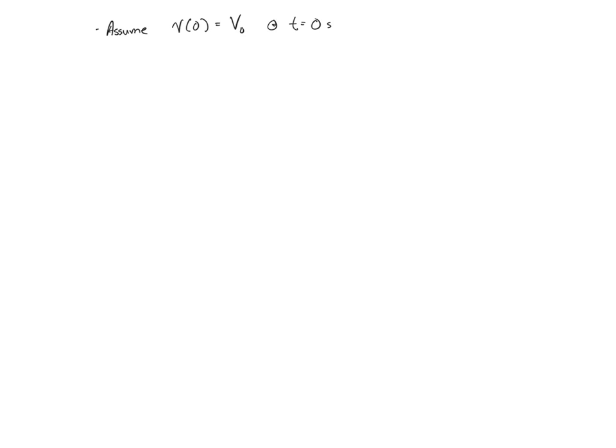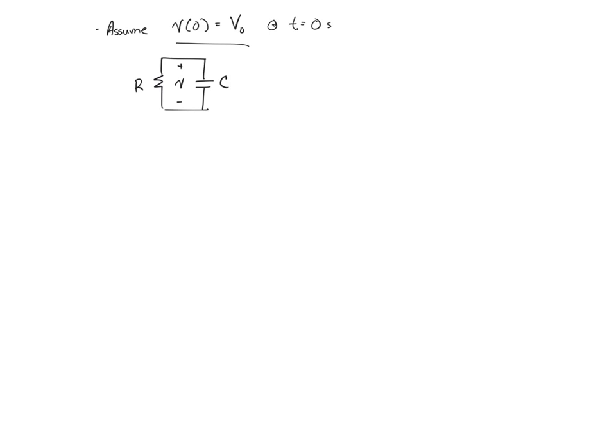So what I'm going to do is take a basic RC circuit. It's just a single resistor and capacitor, and call the voltage across those, since they're in parallel with one another, voltage V. And I'm going to assume that the initial voltage at time equals 0 seconds is some fixed value, capital V naught.